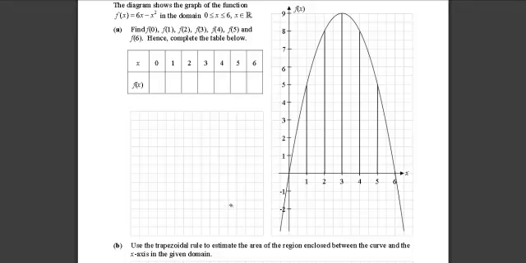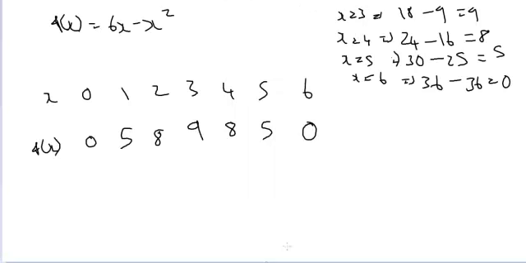Part B says use the trapezoidal rule to estimate the area. So now we just apply the trapezoidal rule. Well, trapezoidal rule says the area is equal to the width over 2 times the initial height and the height of the final thing, and then the other ones multiplied by 2.